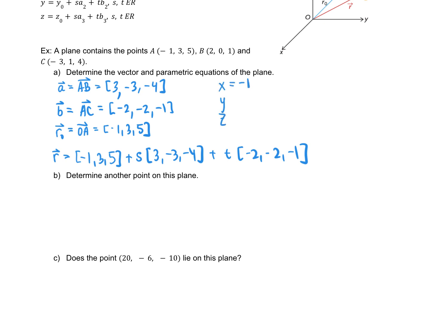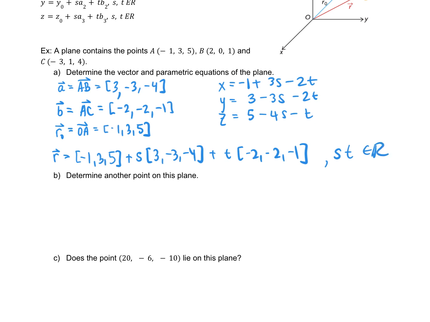So x is going to be -1 plus 3s minus 2t. Y is 3 minus 3s minus 2t. And z is 5 minus 4s minus t. And in all 3 of these, parametric and the vector equations, s and t are elements of all real numbers.